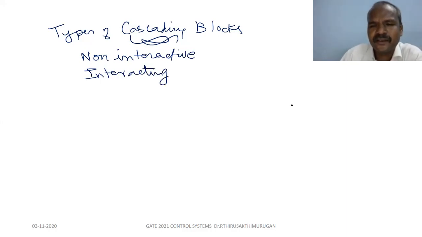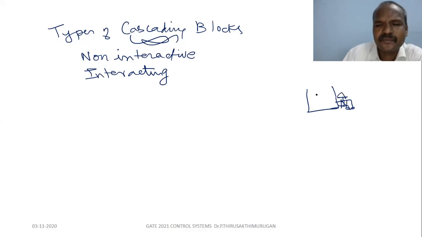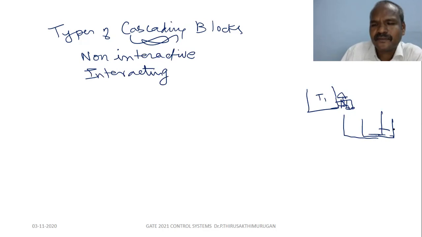For example, I will give a simple physical example. Say two tanks are there: one tank system, tank one, and another tank separately, T2. These are non-interactive.